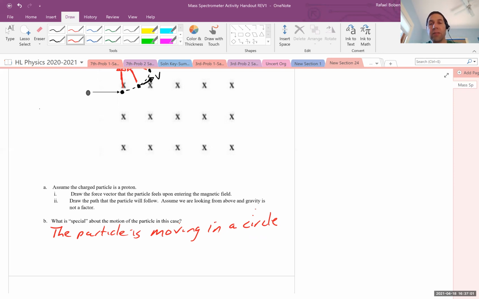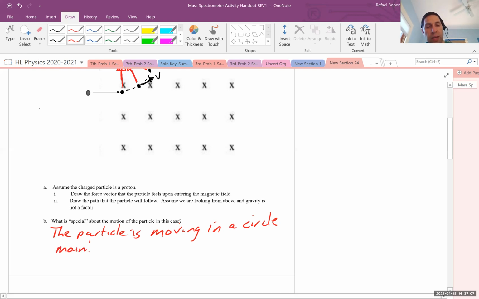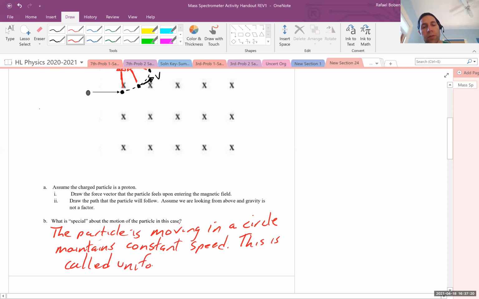So if that's the case, if you recall, something that's moving in a circle but not changing speed is a special kind of motion, okay? And it's actually called uniform circular motion. So let's just write that down, uniform circular motion.